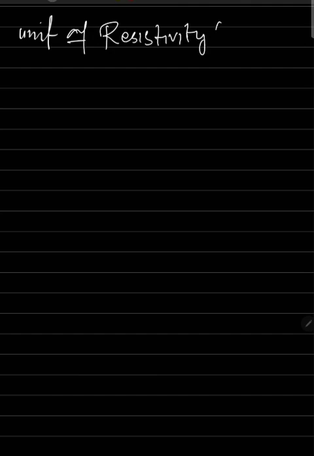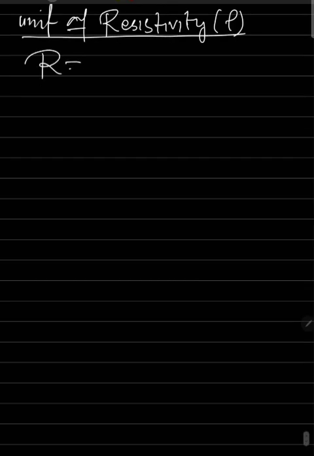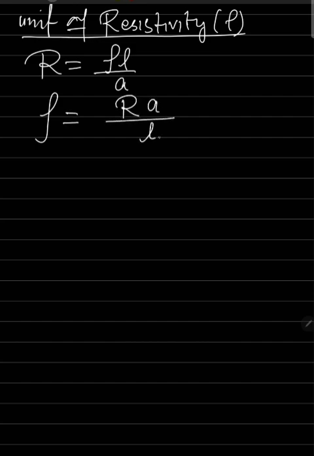Okay, now let's discuss the unit of resistivity or specific resistance, rho. So we know that R is equal to rho L by A. Through this expression we can write rho is equal to R into A divided by L. Now what is the unit of resistance? We know that it is ohm.